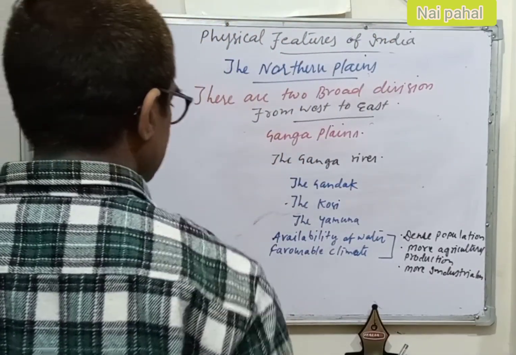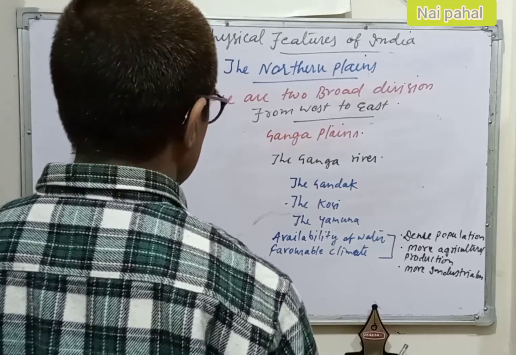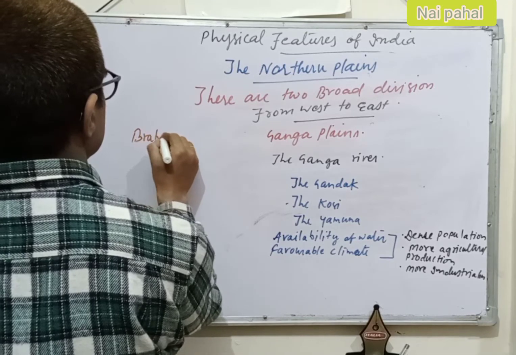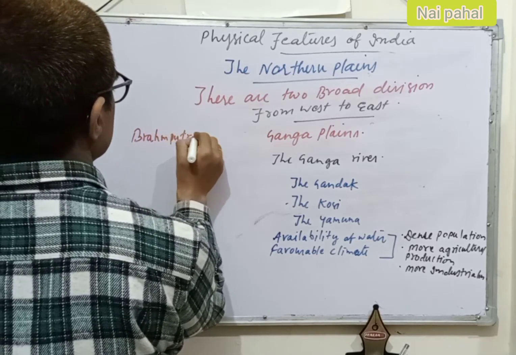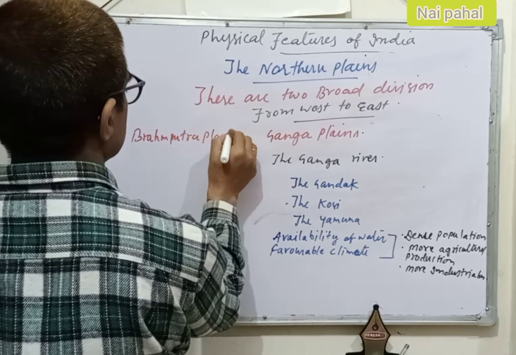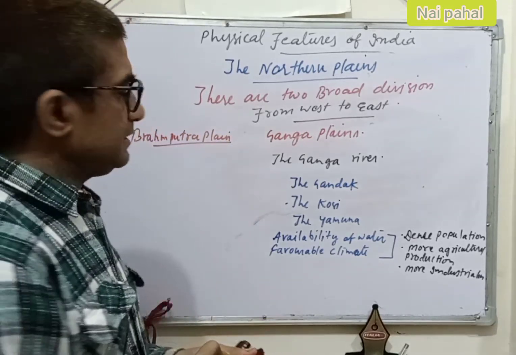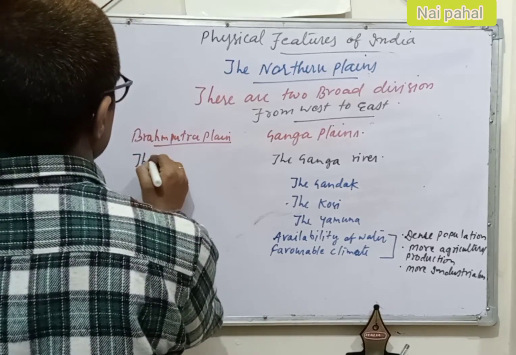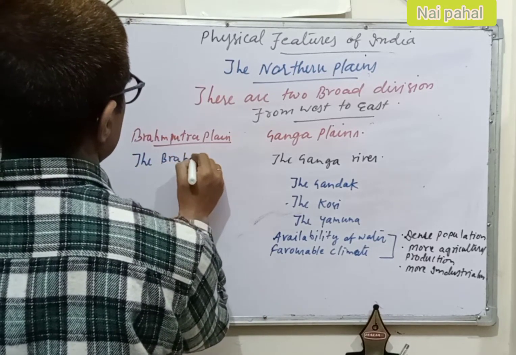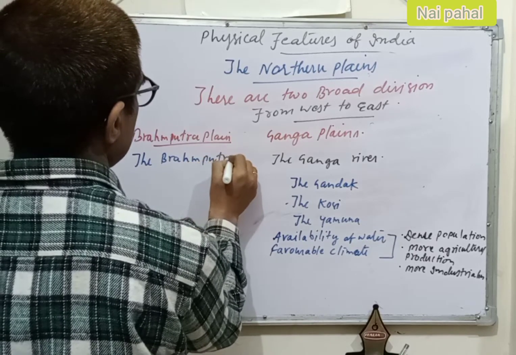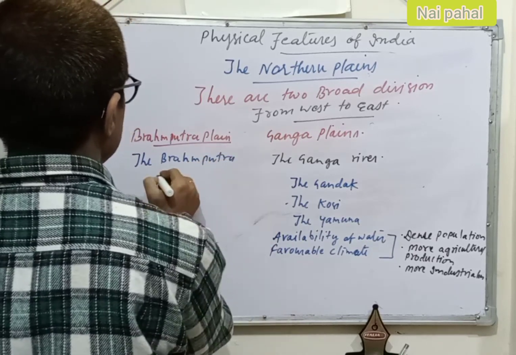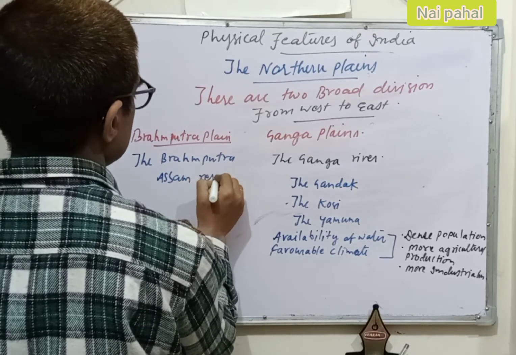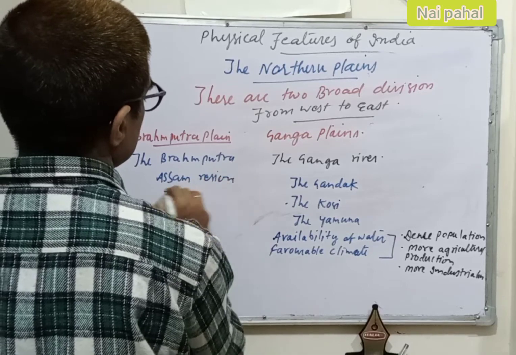Okay? The next one is the Brahmaputra Plain. Brahmaputra Plain is formed by the river Brahmaputra, and these plains mostly form in the Assam region. Okay? That is very important.